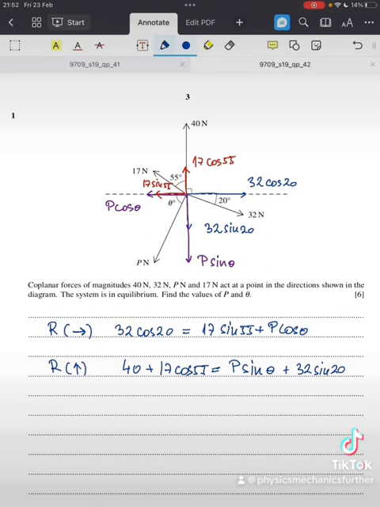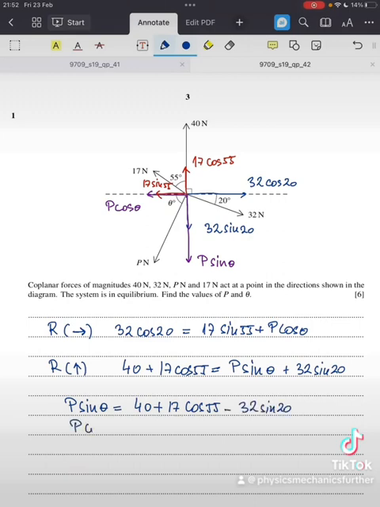And now this step is done. You can solve the two equations for the two unknowns. So I am going to start by rearranging these two equations. P sin theta is equal to 40 plus 17 cos 55 minus 32 sin 20.